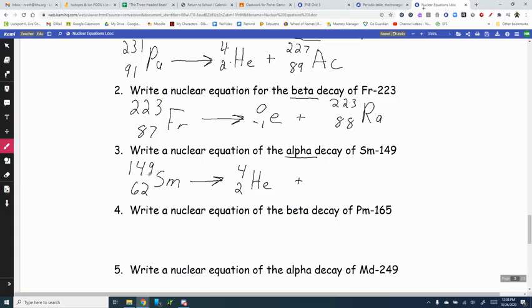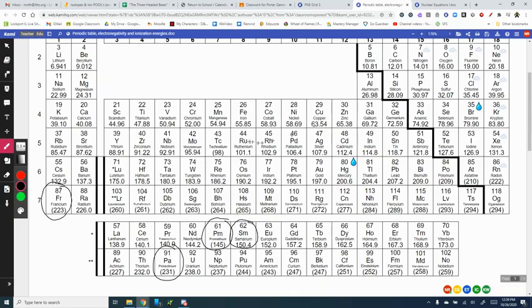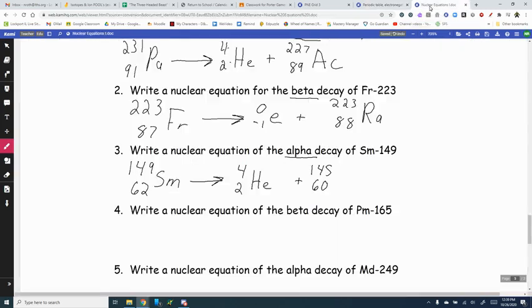So 149 minus 4 is 145. 62 minus 2 is 60. We check and see what element that is. That's Nd, neodymium. And there we go. That's it for the alpha decay.